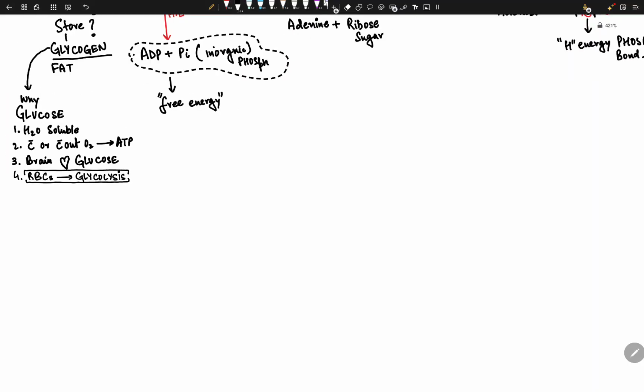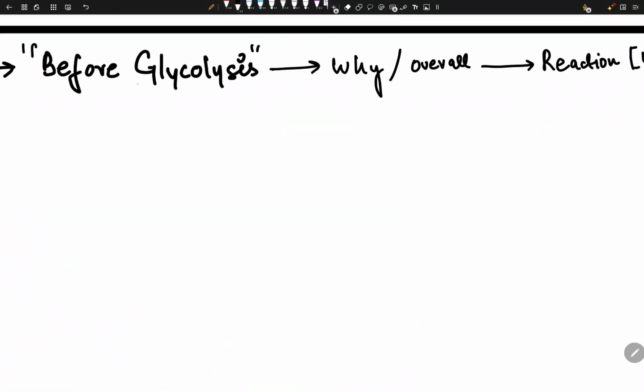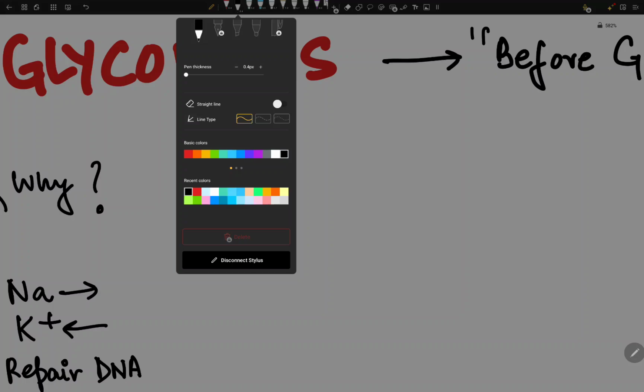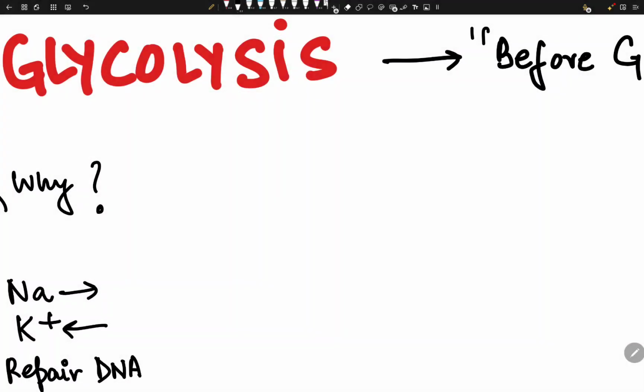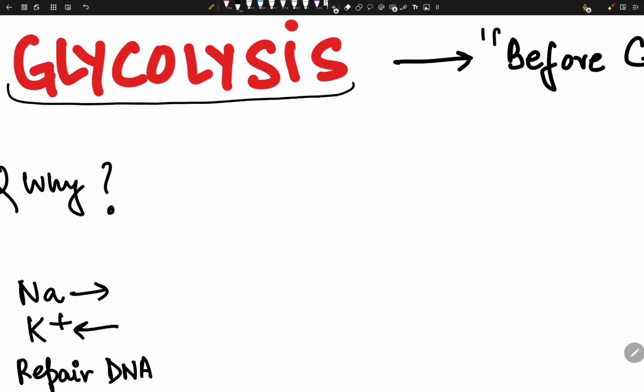So, Shashwat, you have been telling me a lot about glycolysis. What is glycolysis then? Now we finally are at the stage of glycolysis itself, right? So what is glycolysis, Shashwat? In simple words, let me write here. Glycolysis is a metabolic pathway, okay?